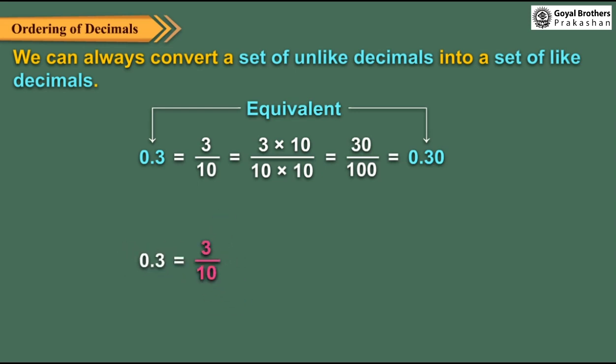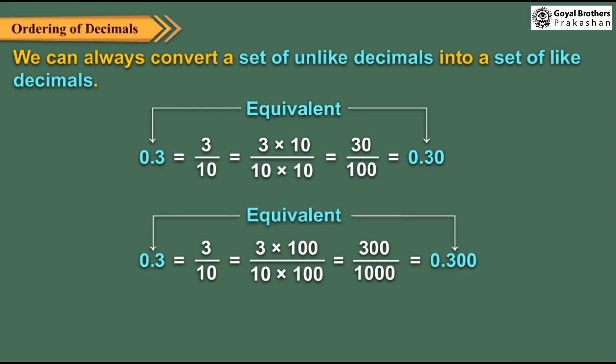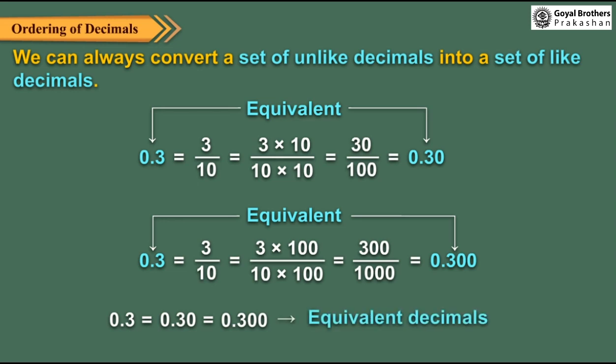Again, if we multiply the numerator and denominator of 3 upon 10 by 100, we get 300 by 1000, which can be written as 0.300. So 0.3 and 0.300 are equivalent. Thus, we say that 0.3, 0.30, 0.300, etc. are equivalent decimals.